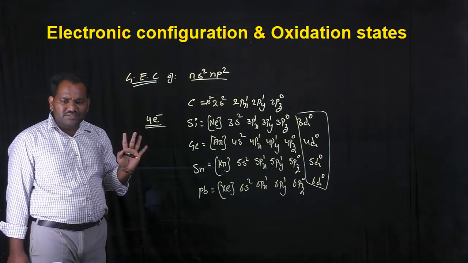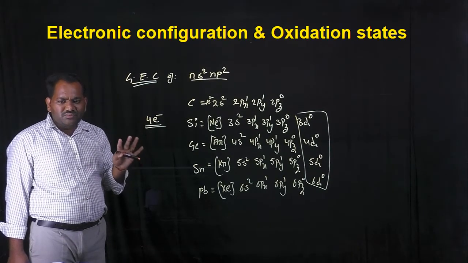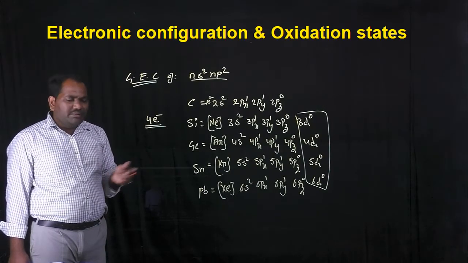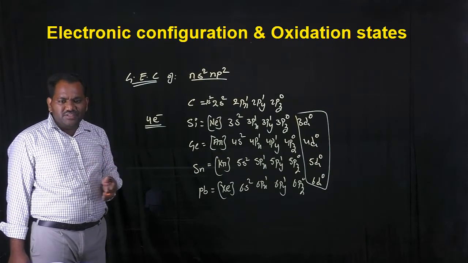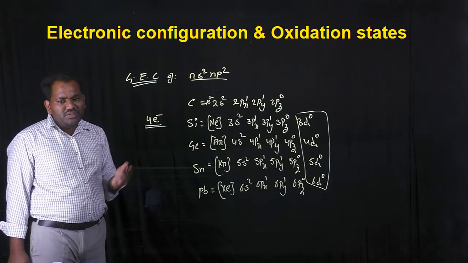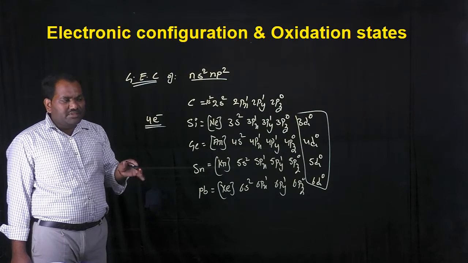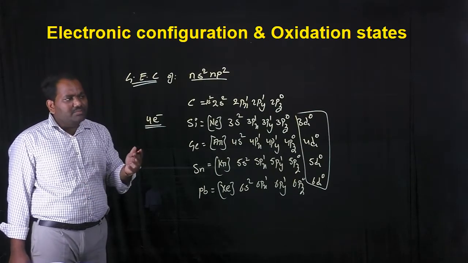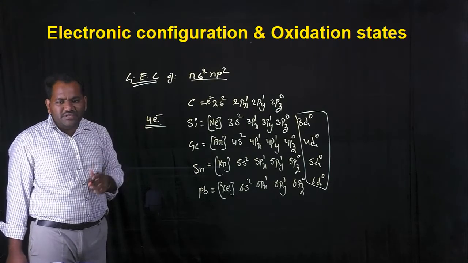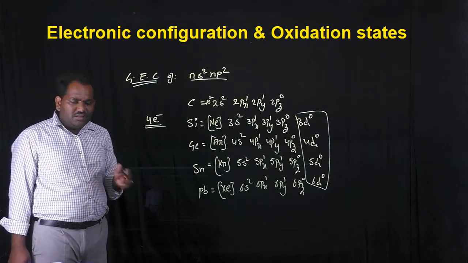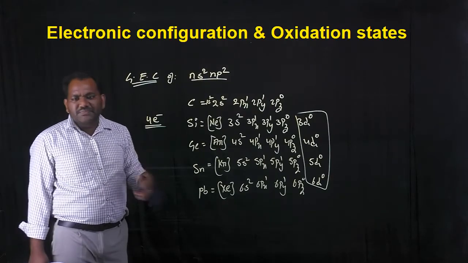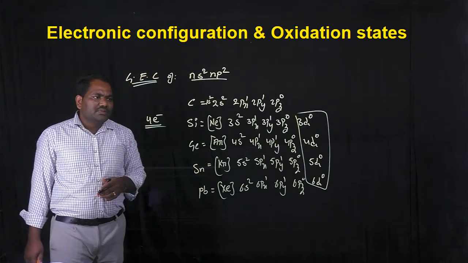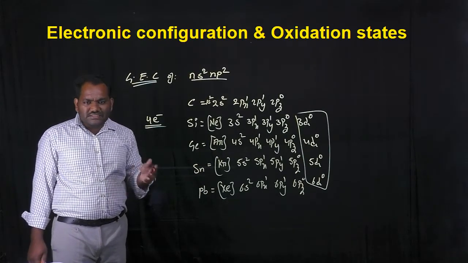The remaining elements show similar properties except carbon, because carbon shows abnormal properties due to the absence of empty d orbitals. We will discuss that later. Now we will discuss the oxidation state.